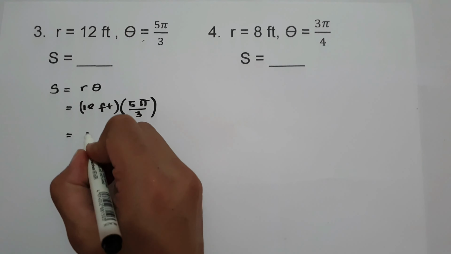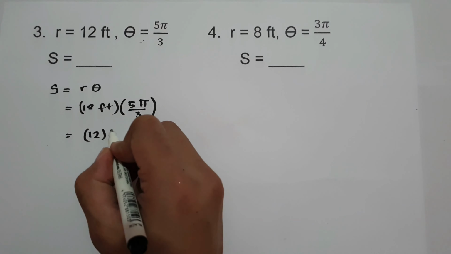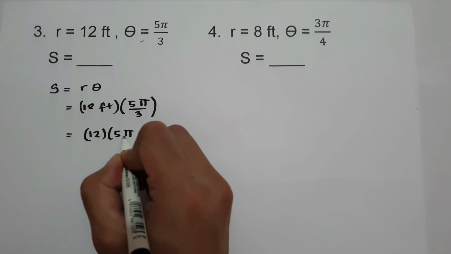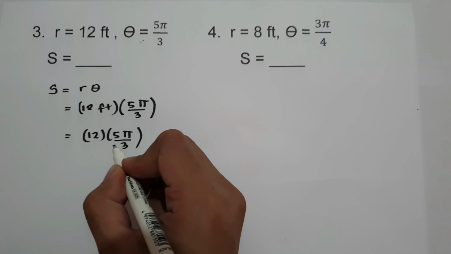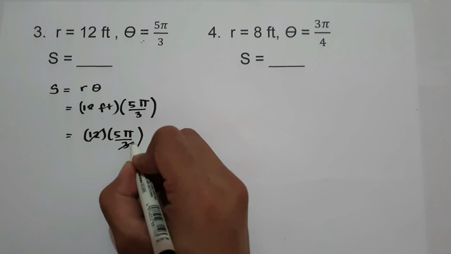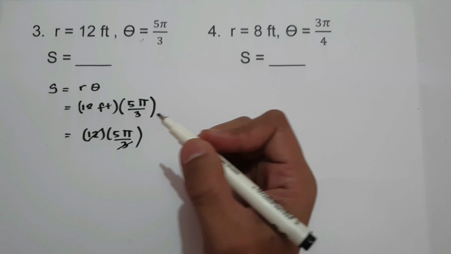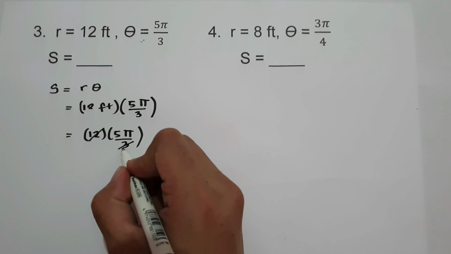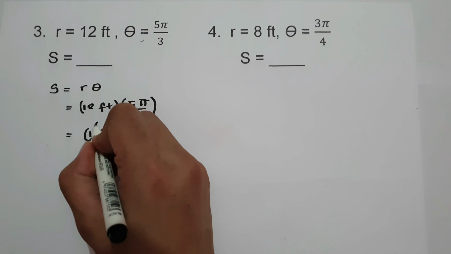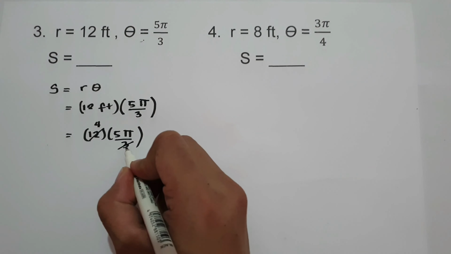Now, we have 12 times 5 pi over 3. We can cancel 12 and 3 because the greatest common factor of 12 and 3 is 3. So 12 becomes 4 and 3 becomes 1.